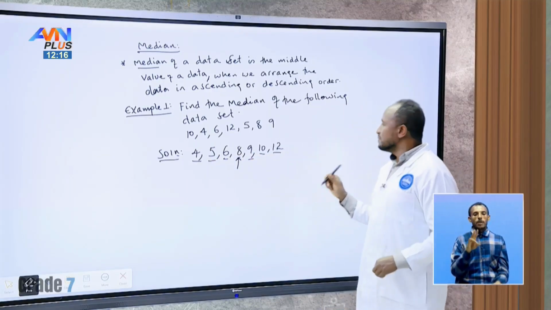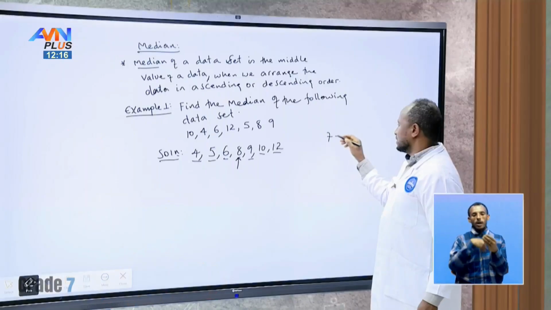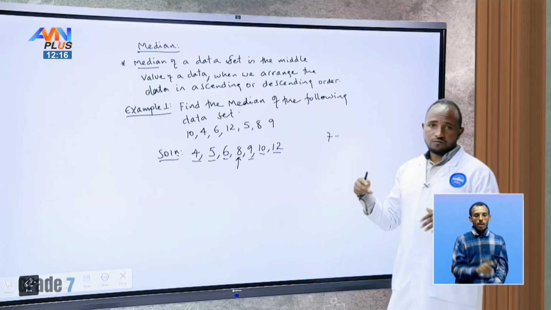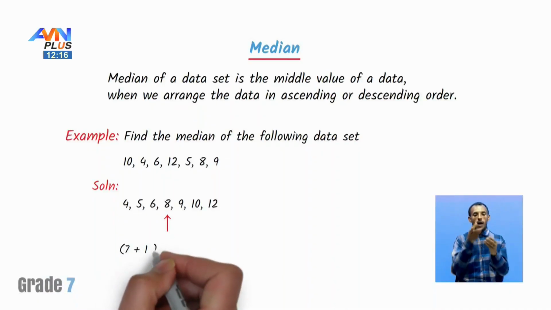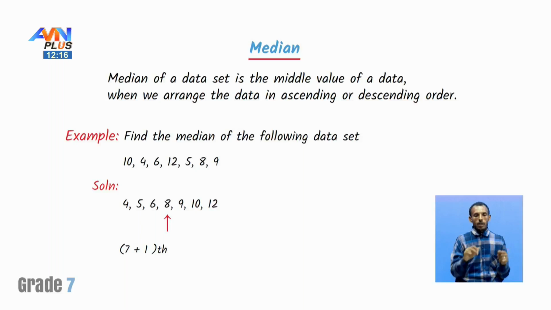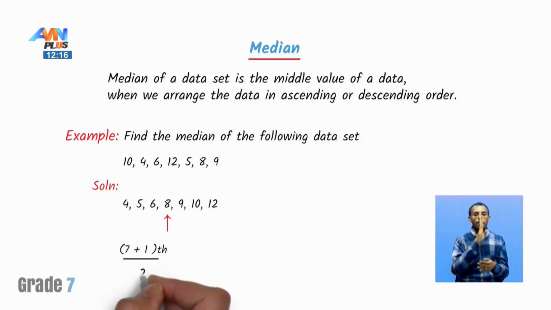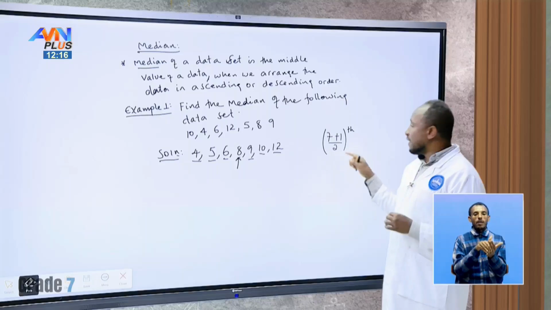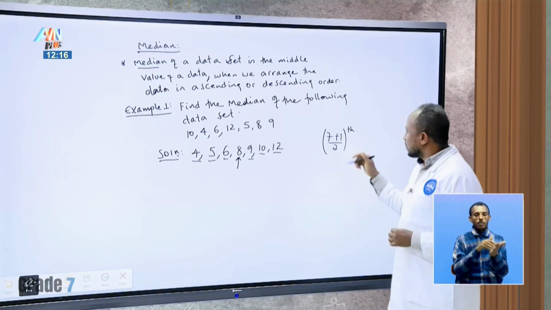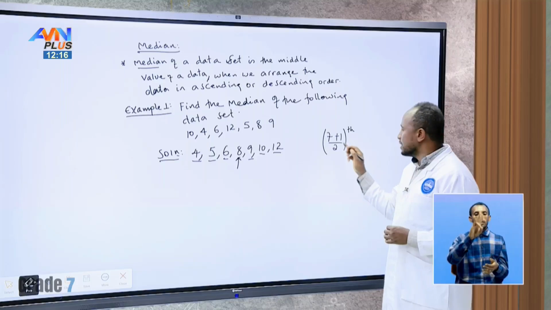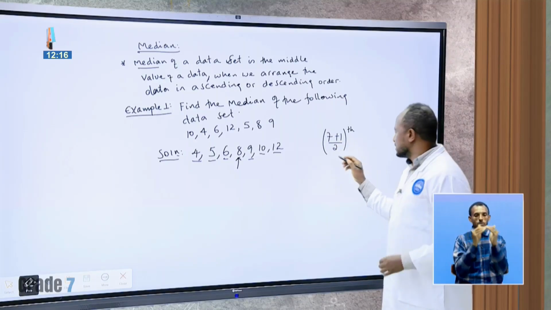To find the middle data, since we have an odd number of data, you add 1 and divide this by 2. The number found at this place will be the median of the given data set. So let's add this. 7 plus 1 is 8. 8 divided by 2 is 4.